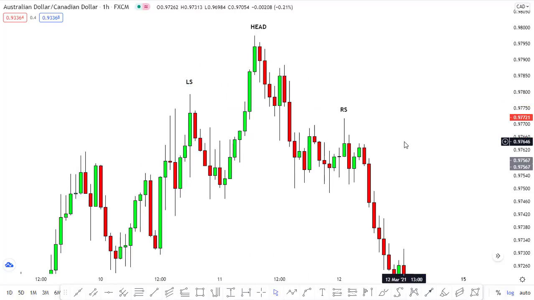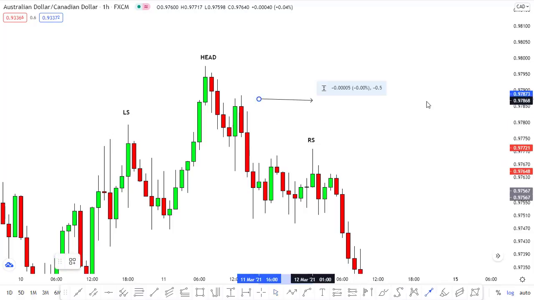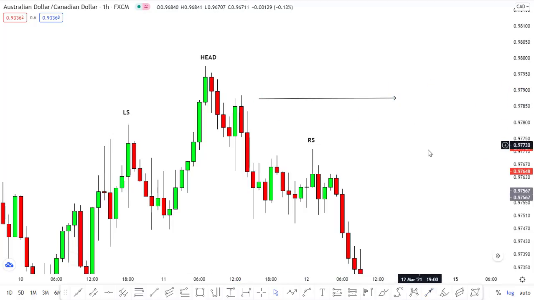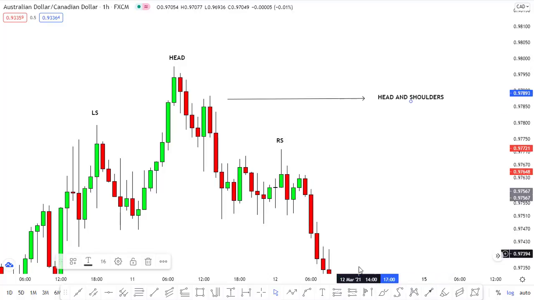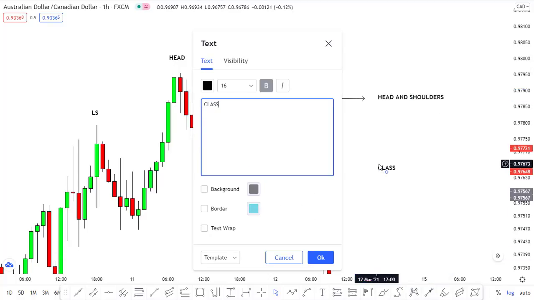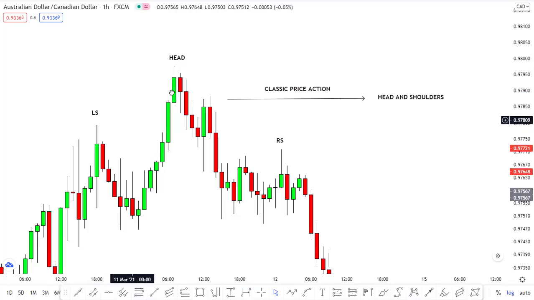This is one point of view on this move in the market, head and shoulders from classic price action.